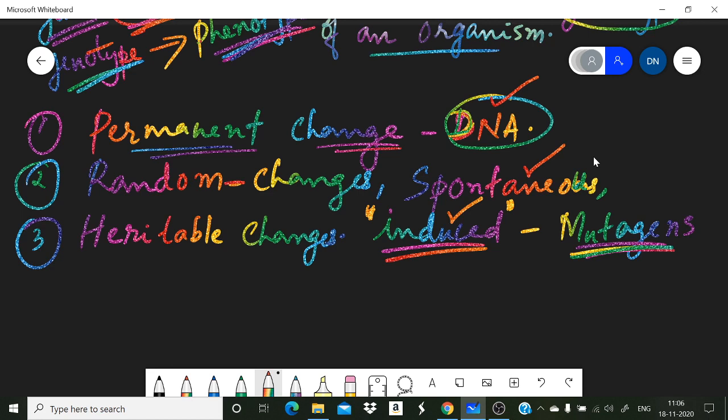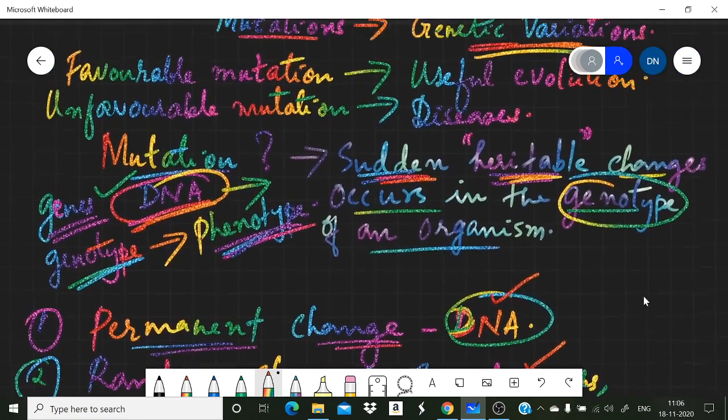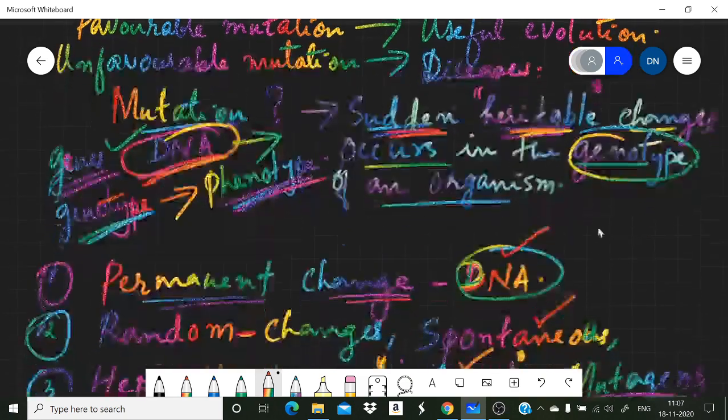So these are the peculiarities of mutation. Mutation is a sudden heritable change that occurs in a genome, in the genotype of an organism, and it may alter the structure as well as the functions of the genetic material, that is DNA, in higher organisms.